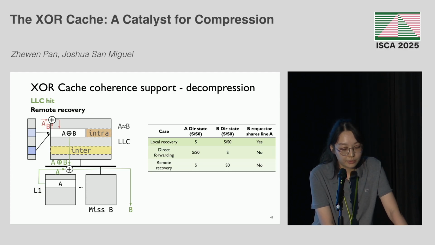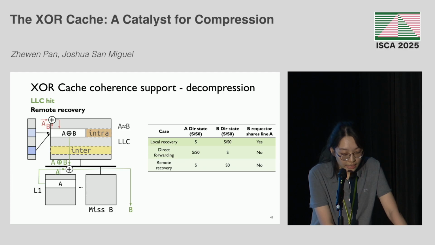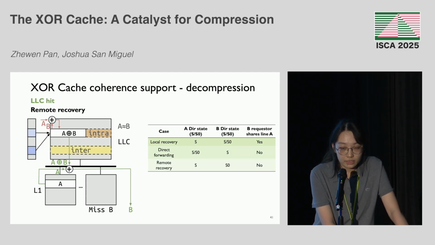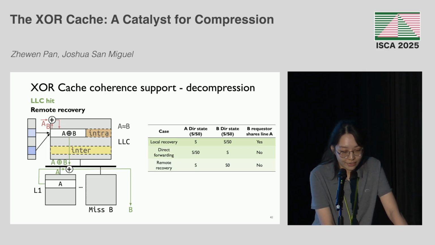But there is another private cache, the one on the left, that has a shared copy of A. In this case, the LLC forwards its XOR line to it, it recovers B remotely, and then finally sends it back to B's requester. Note that the coherence protocol for the XOR cache guarantees that the XOR line pair has at least one sharer. Therefore, any request for a XORed line will follow one of the three cases covered here.